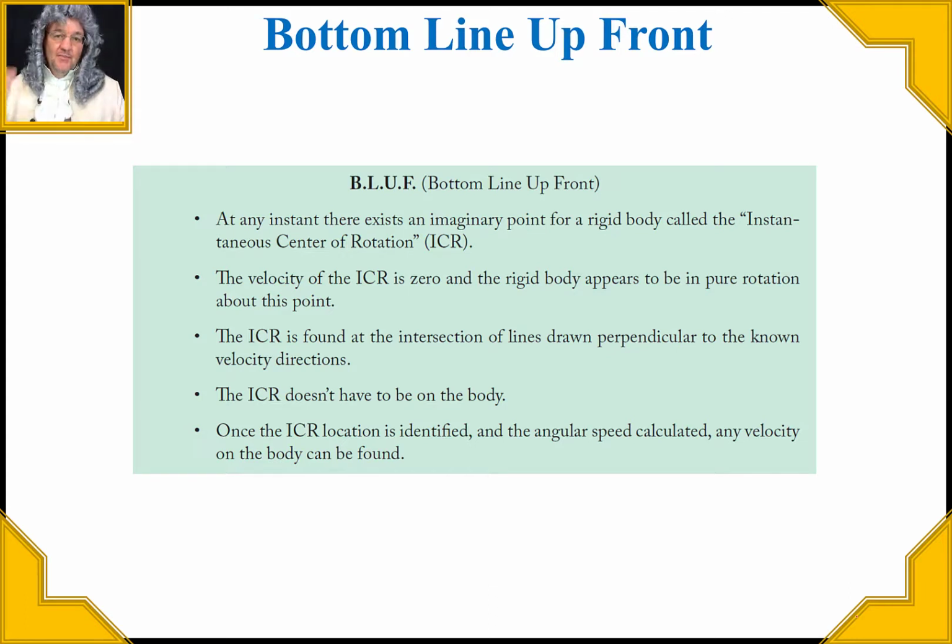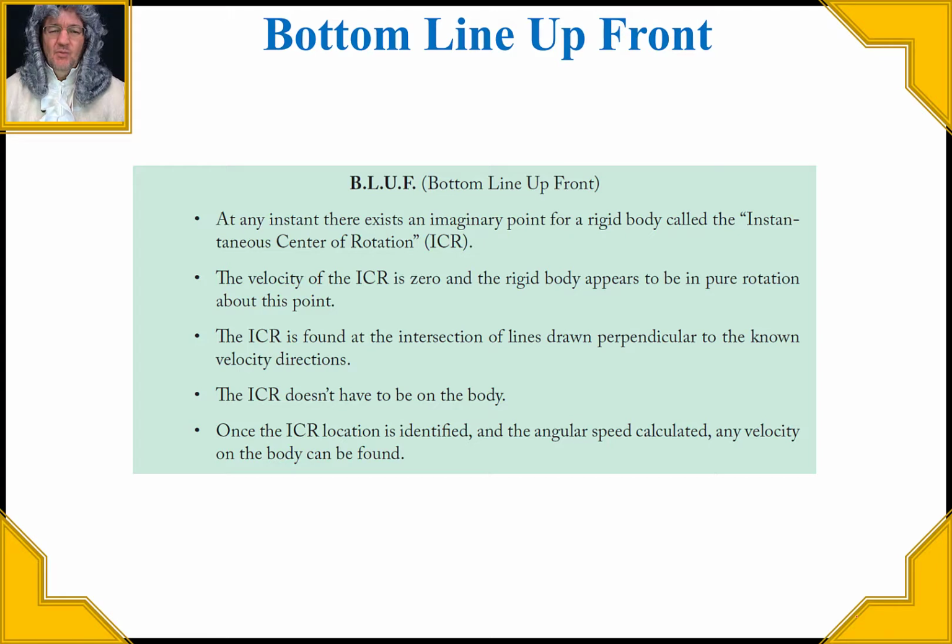So if you have multiple points, usually two, on a rigid body, look at where the velocities are traveling, draw lines perpendicular to them, and where that intersects, that is the instantaneous center of rotation. And it doesn't necessarily have to be on the body, and quite often it's not. It's some point off in space.